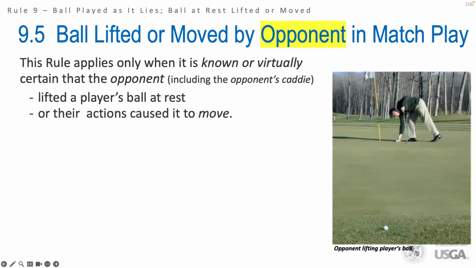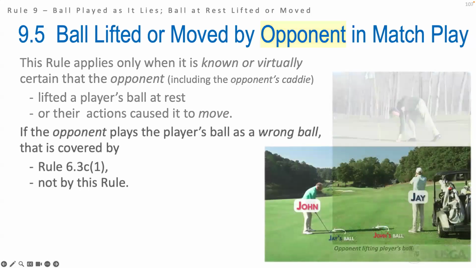So here's our fifth section of this rule, ball lifted or moved by opponent in match play. Again, opponents are only in match play. We do not see them in stroke play. An opponent is only somebody you see in match play. But this rule applies only when it is known or virtually certain that the opponent, maybe their caddy or maybe their partner or maybe their partner's caddy, so they're affiliates, lifted a player's ball at rest or their actions caused the ball to move.